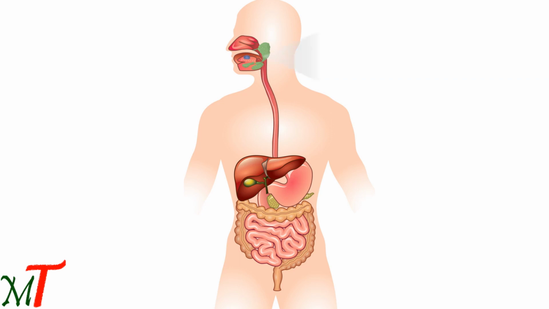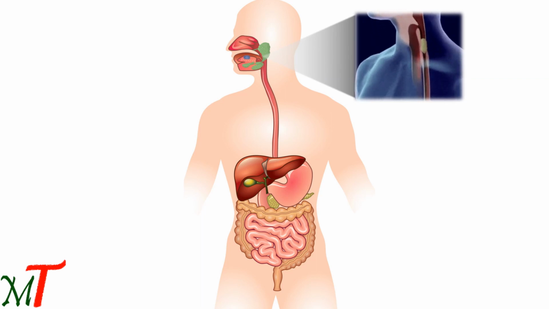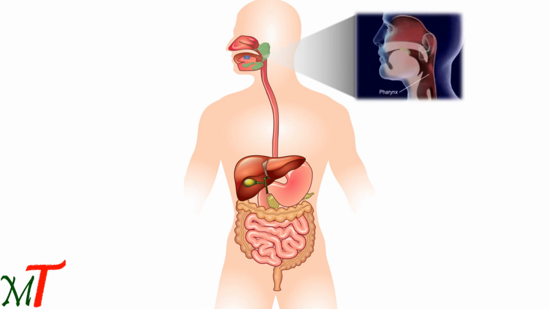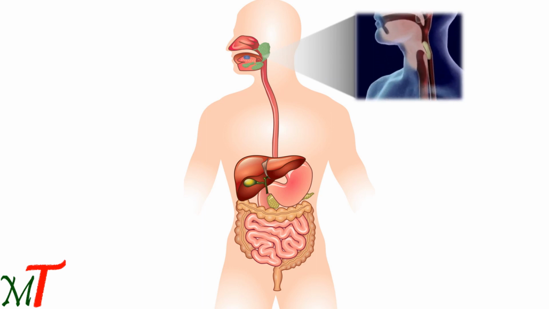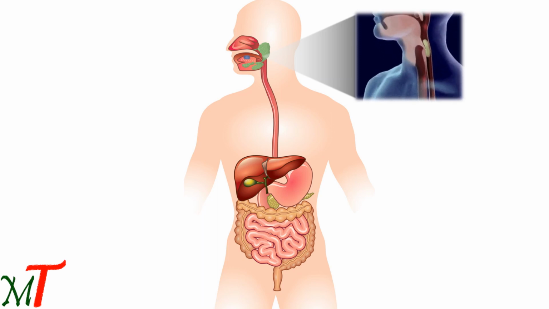When swallowed, it passes through the food pipe, that means the esophagus. When the food enters the food pipe, there is a part called the pharynx. The pharynx prevents the food from entering the windpipe.